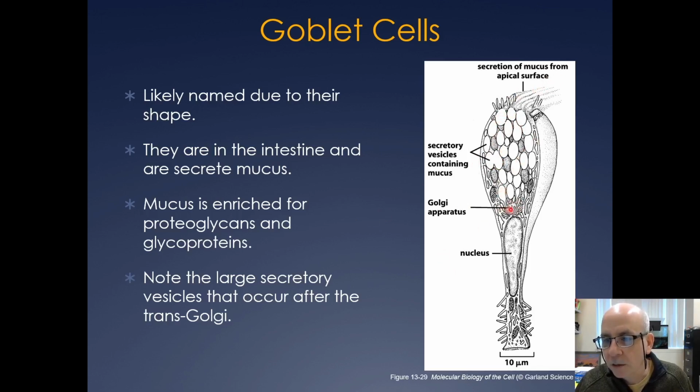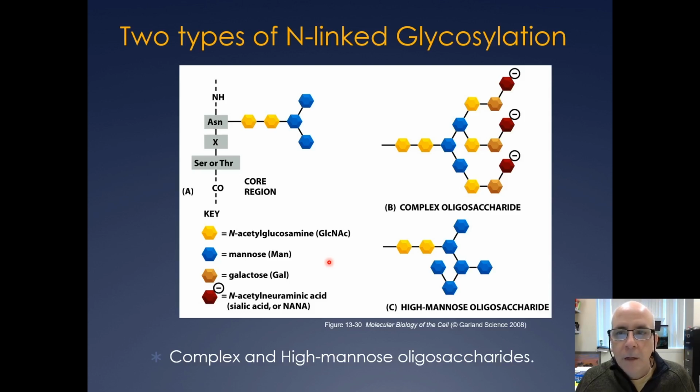There's your Golgi down here. Okay, and just sort of note these large secretory vesicles that have sort of come off the Golgi. Okay, and they're just waiting to be fused with the plasma membrane and release their constituents.